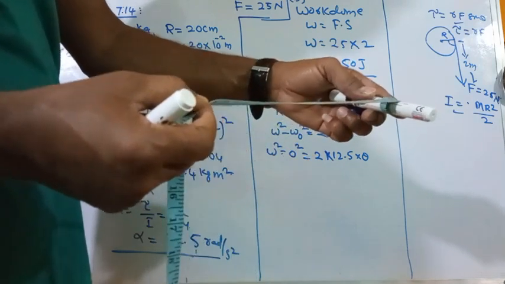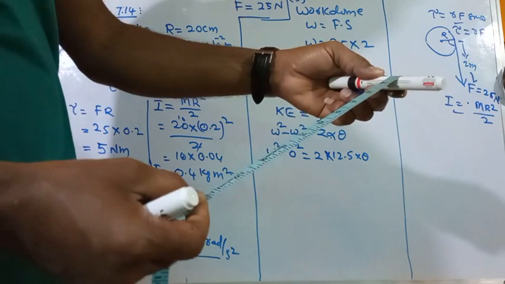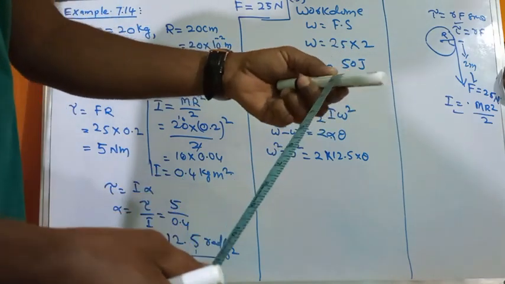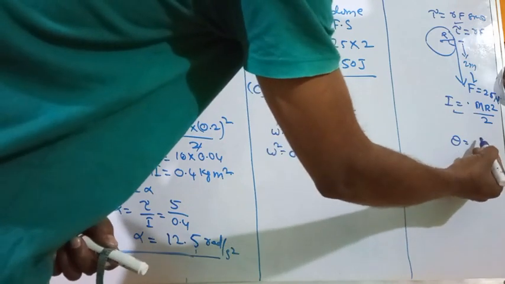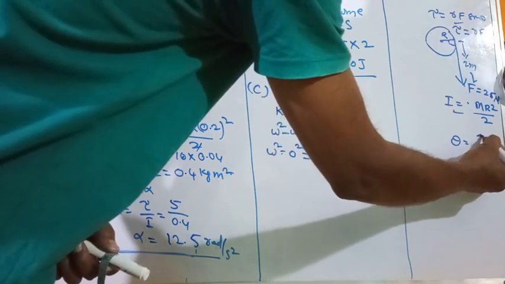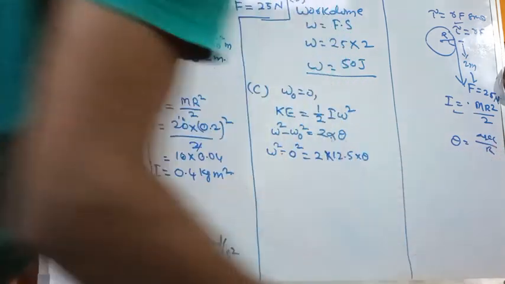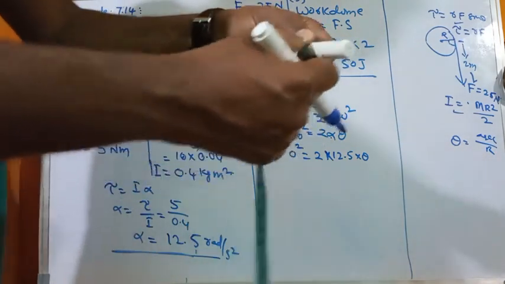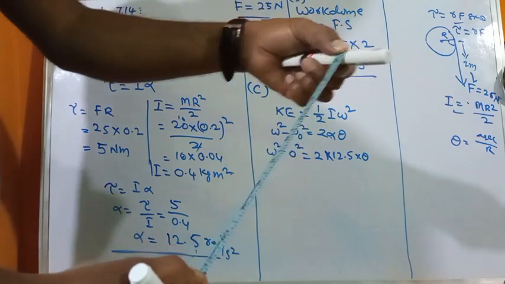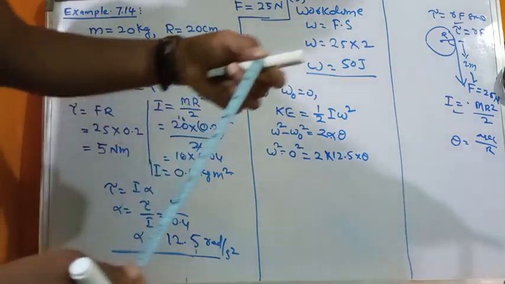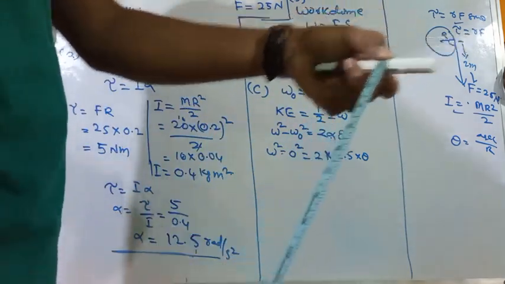This angular displacement we can write as theta, and we have a formula: theta is equal to arc length by radius. The arc length is how much it is opened, which was already mentioned in the previous question: it is opening up to 2 meters.